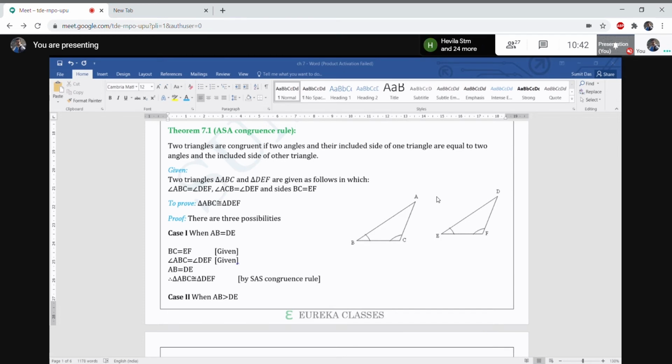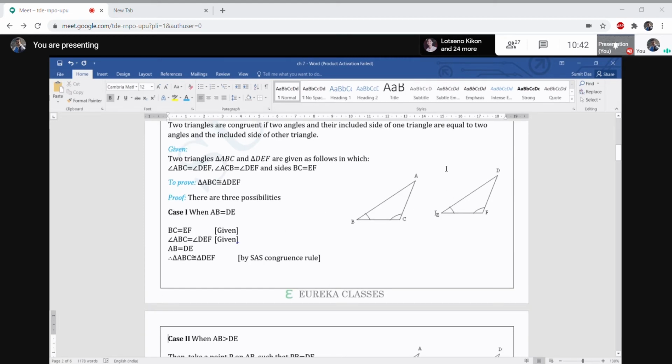The first case is if AB is equal to DE. If AB, this length, is equal to DE, what will happen?